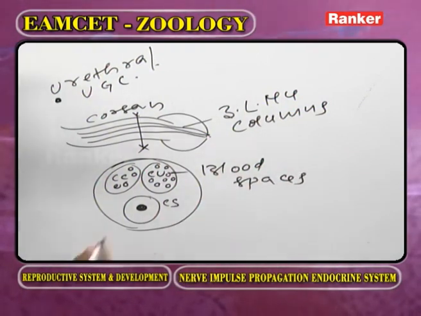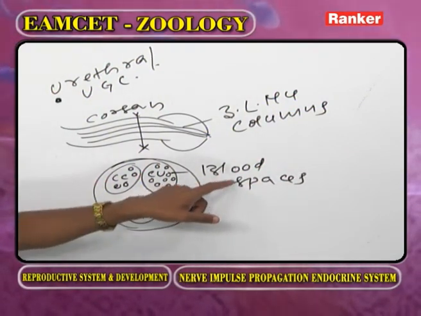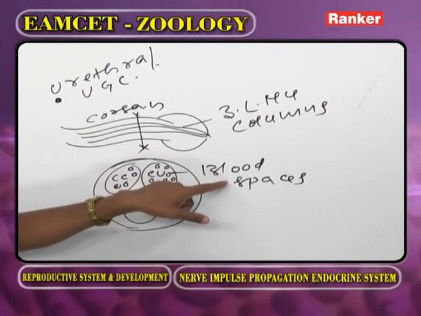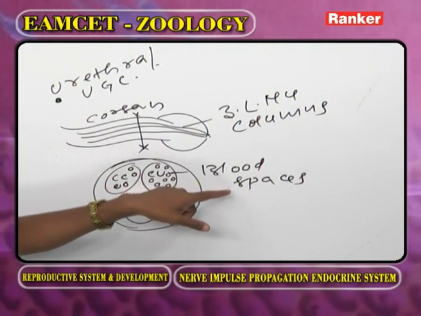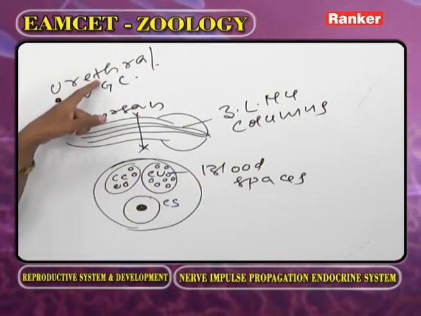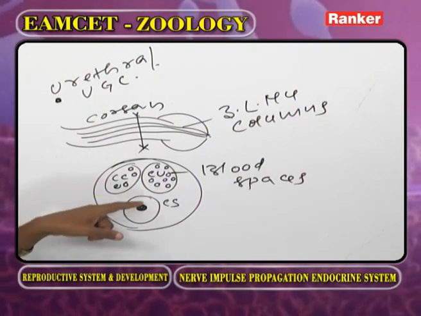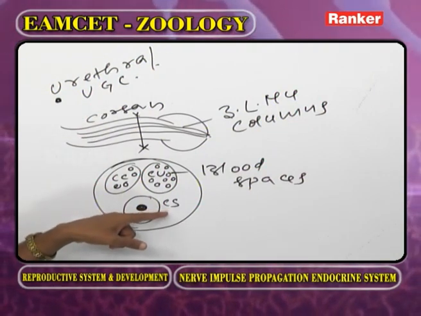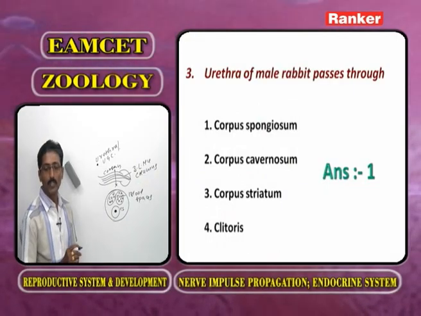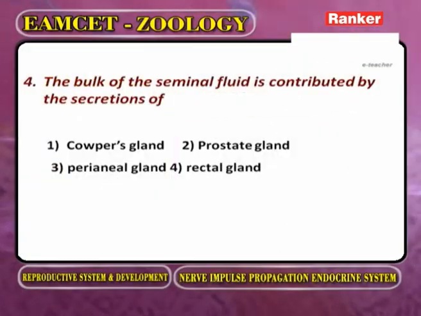Whenever the animal gets sexual excitement, the empty blood spaces are filled with blood. Now the question is, the urinogenital canal or urethra is enclosed in what type of tissue? The answer is corpus spongiosum. Now we go for the next question.